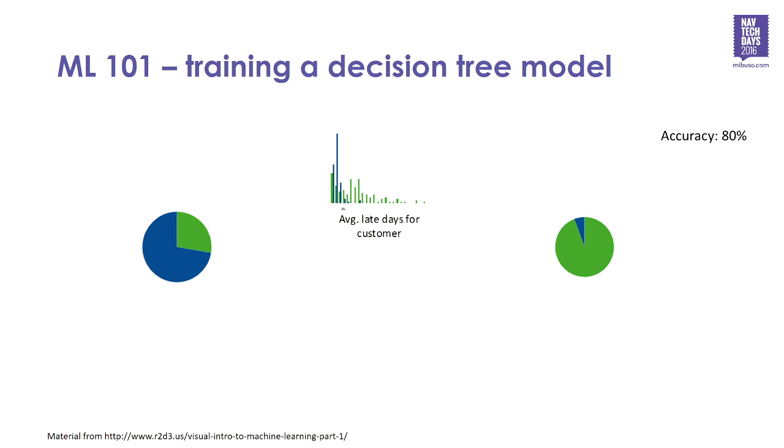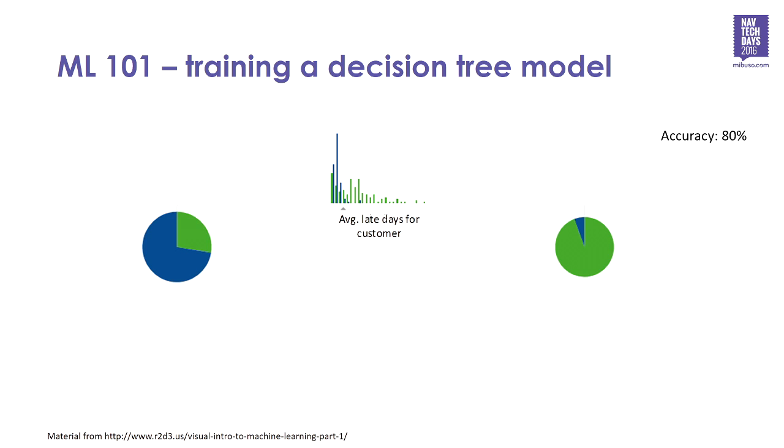So in this case, the algorithm that trains the model would try to find the property that divides the data best into categories or clumps that have the same prediction. So maybe the algorithm will see that it's the average late days for customers that best predict whether or not the customer will pay late again.